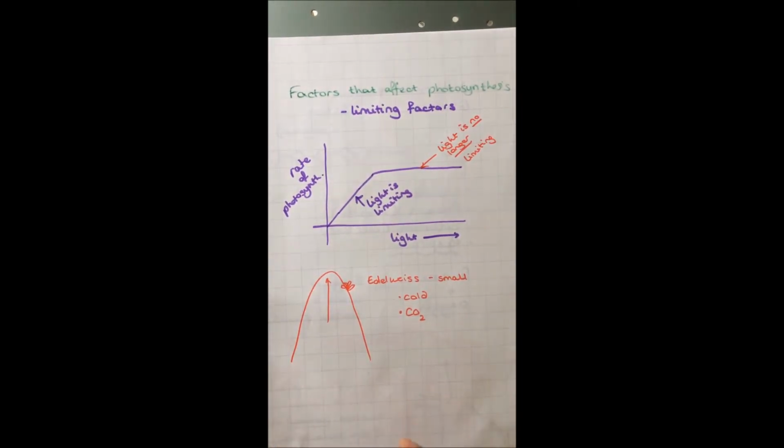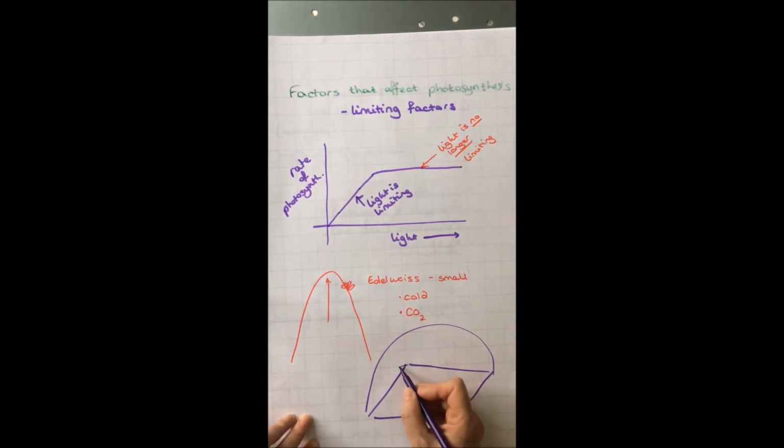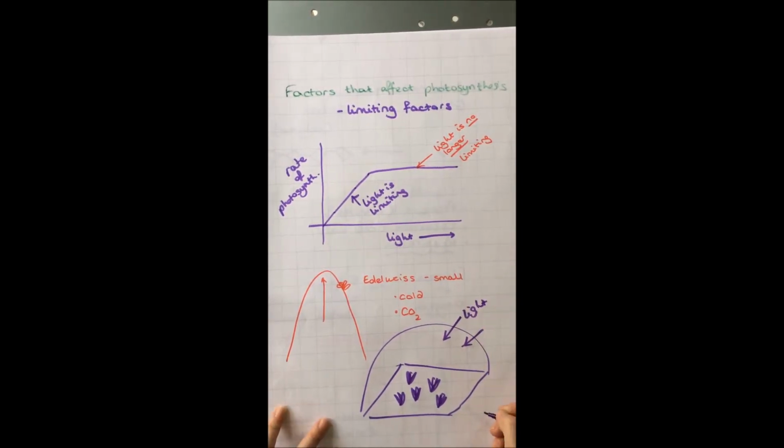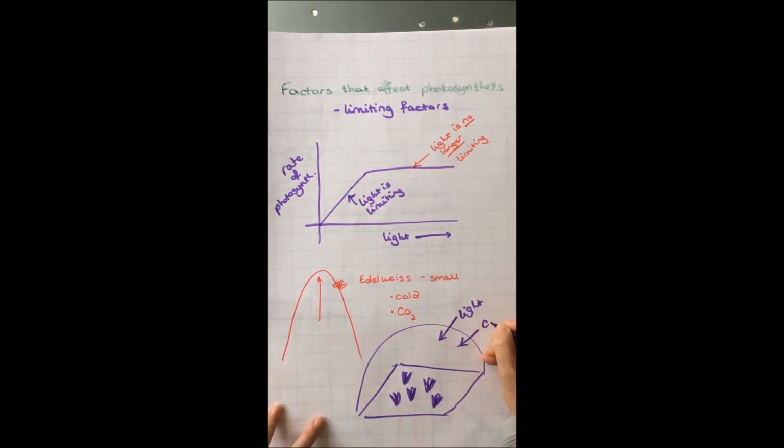And so what farmers will do, or what gardeners will do, if they're trying to maximise crop production, they will have their greenhouse, and in that greenhouse there'll be plenty of water, so they have their plants growing. They'll give them plenty of water, so that doesn't limit their growth or limit the rate of photosynthesis. They'll also provide maximum light, so that isn't limiting photosynthesis.